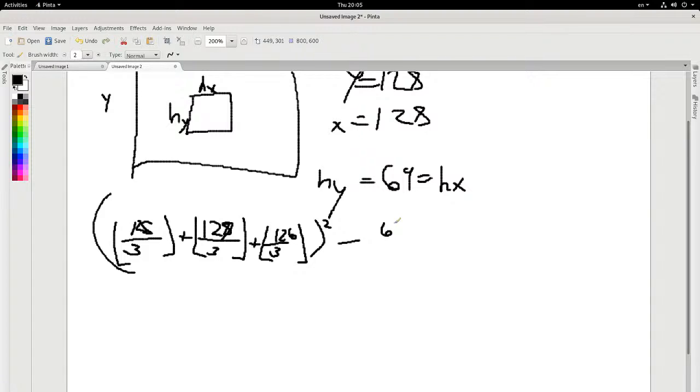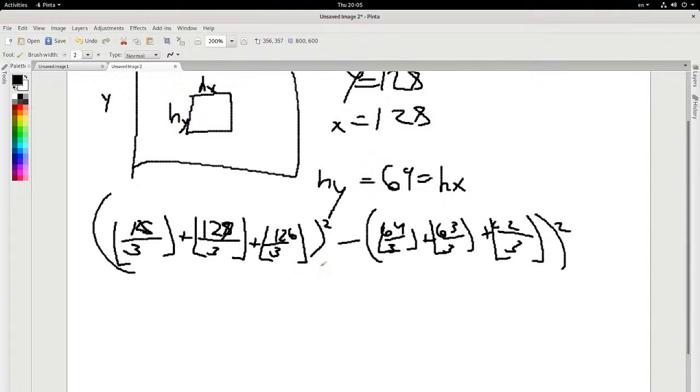Minus 64 over 3 plus 63 over 3 plus 62 over 3, also squared. Okay, so what's that going to equal?